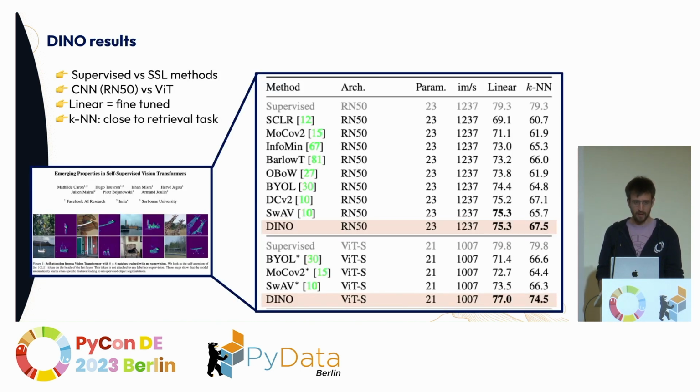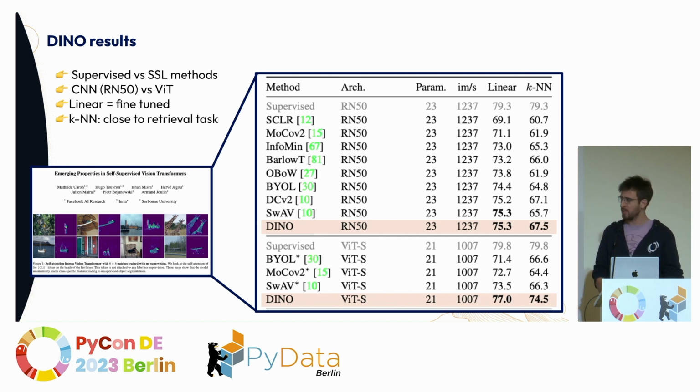Here is the main table of results from the paper. Several methods are compared, supervised and unsupervised, and also different feature extractors. RN50 stands for ResNet 50, a convolutional net, and vision transformers. The last two columns, linear and KNN, describe the method used to evaluate the model on ImageNet.